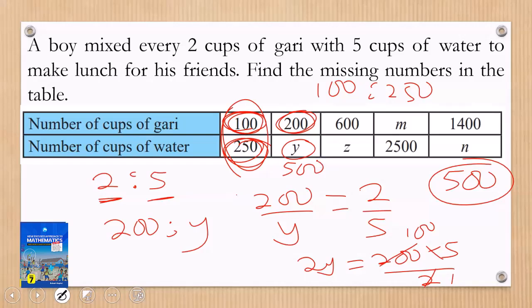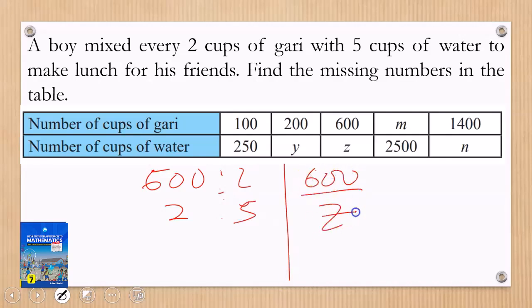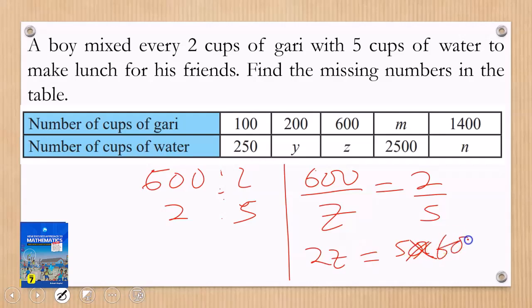Let's do the same thing for 600. For 600, we are going to say that we have 600 is to z as 2 is to 5. Again, if I do the division that we did, 600 divided by z is equal to 2 divided by 5. Again, when you do cross multiplication, we have 2z is equal to 5 times 600.